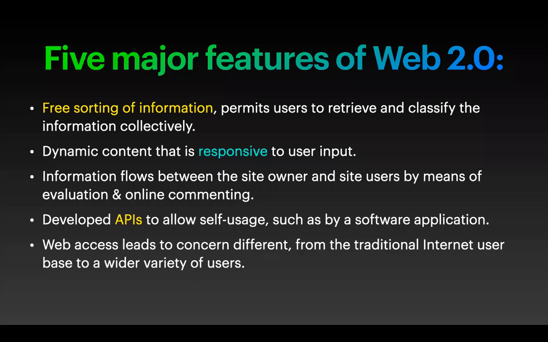Information started to flow between the site owner and site user by means of evaluation and online commenting. Web access also led to a change from the traditional internet user to a wider variety of users. We have already discussed that the overall usage of the internet has improved because of the features Web 2.0 provided.